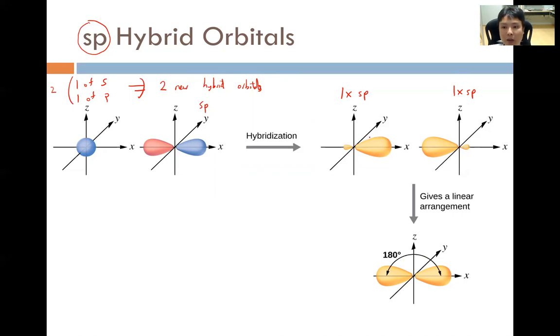So this is one sp orbital in this direction and one in this direction. When this orbital overlaps with the s orbital of a hydrogen, and this one overlaps with the s orbital of the other hydrogen, you can see that the bond angle of HCH will be 180 degrees.